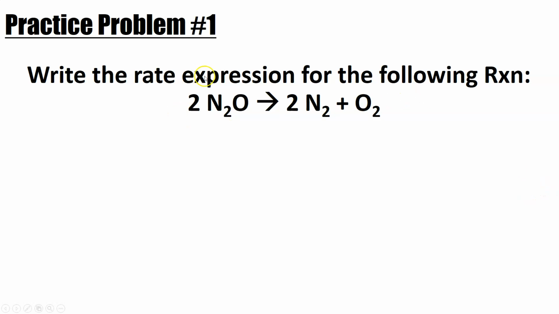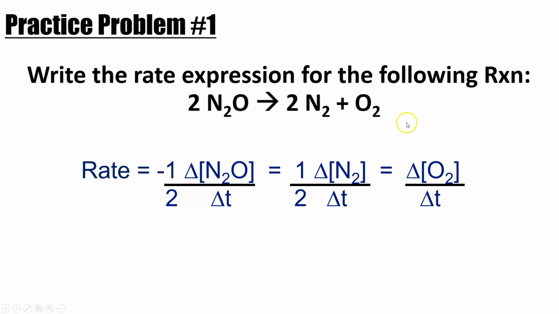All right, so this will be negative. These will be positive. They're all going to have delta concentration over delta time. This one will be divided by 2. This one will be divided by 2. This would be divided by 1, so we don't really put it, right? So here is your rate expression.